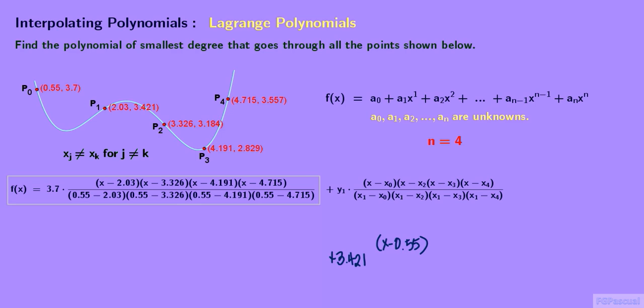We skip x minus x sub 1, and so the next factor is x minus x sub 2, or x minus 3.326. Then it's x minus x sub 3, or x minus 4.191. The last factor, x minus x sub 4, or x minus 4.715.